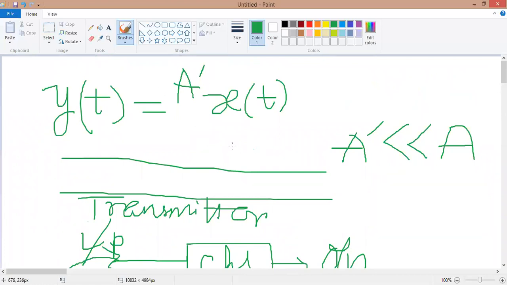A prime xt means that, due to the longest path of propagation, the amplitude may be attenuated and I'm getting a prime. And due to the channel noise insertion, I'm getting another addition, and nt is the noise component, which is an undesired component, which is also time varying noise.